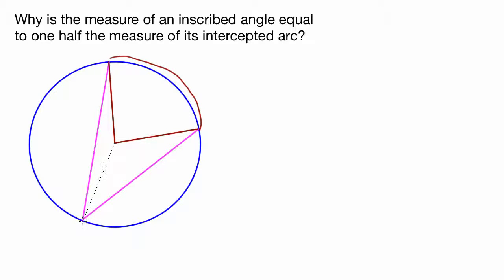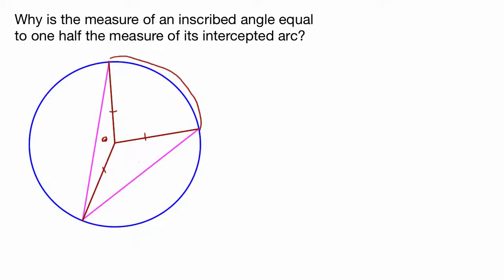So I'm going to draw in a radius, just like this. Now that did not bisect that inscribed angle, but because this is a radius and this is a radius, look at this, we created two isosceles triangles. So this triangle here and this triangle here.